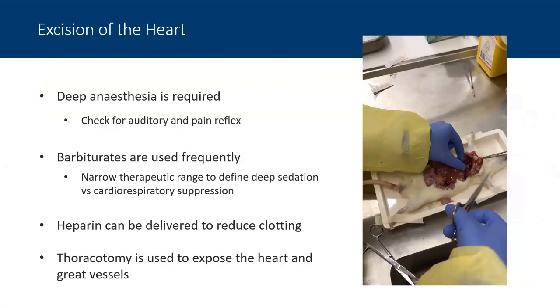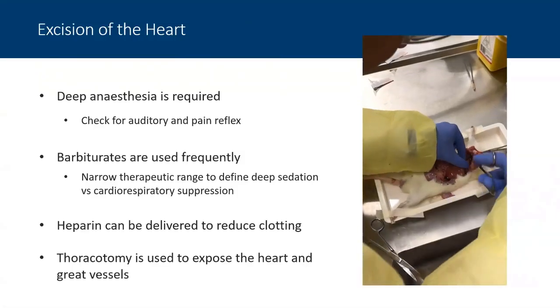So we need to ensure that we've applied a deep anesthesia, and to do this we need to check for an auditory response but also a pain reflex, and we normally do this on the foot pad. We use barbiturates, and that's rather common in the field, but it's important to understand that there's a really narrow therapeutic range for the barbiturates to apply a deep sedation as opposed to resulting in cardiorespiratory suppression. So we need to be careful with this.